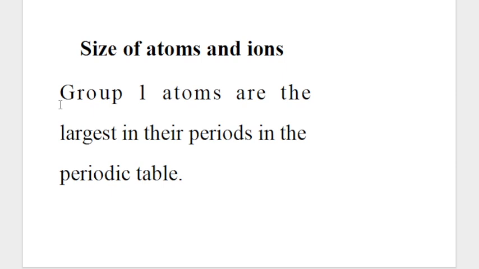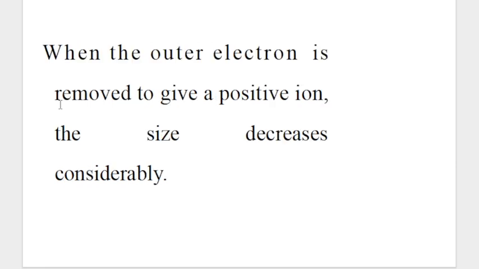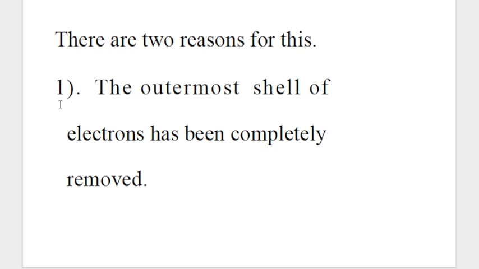Talking about the size of the atoms and ions, group 1 atoms are the largest in their period in the periodic table. When the outer electron is removed to give a positive ion, the size decreases considerably. So that's why we say that the cations of group 1 metals are less in size than their corresponding neutral atoms.